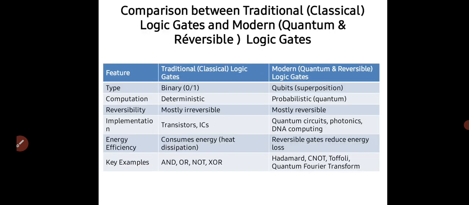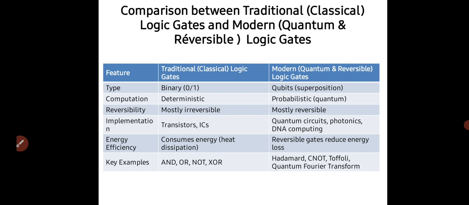Next, we can see a classification by features: types, computation, reversibility, implementation, energy efficiency, and key examples. This is a comparison between traditional or classical logic gates and modern quantum reversible logic gates.